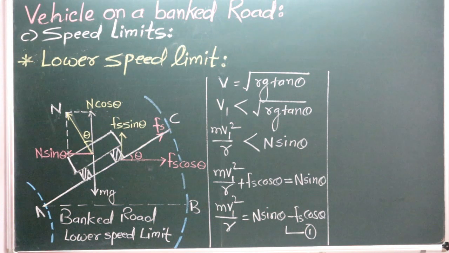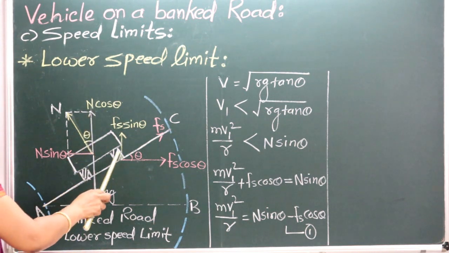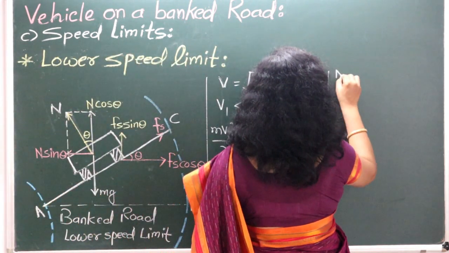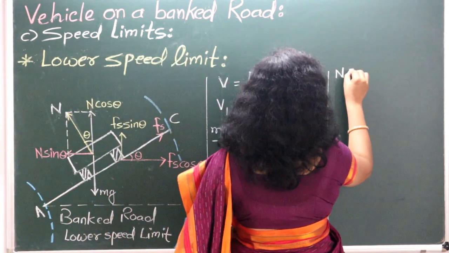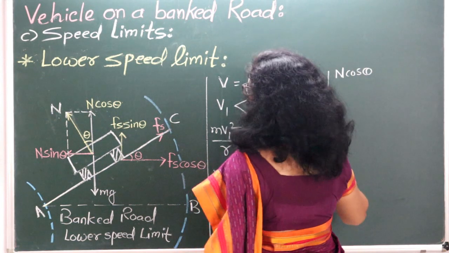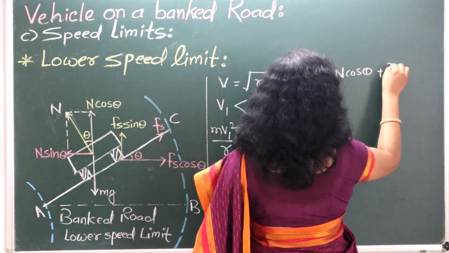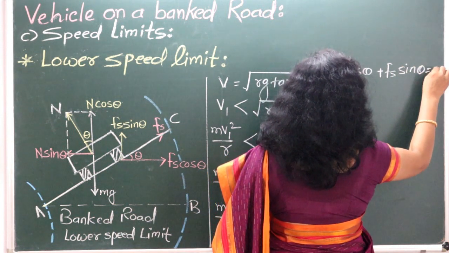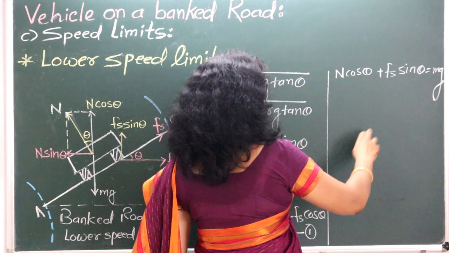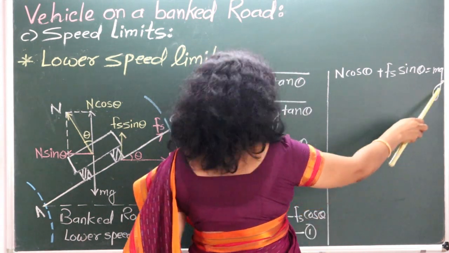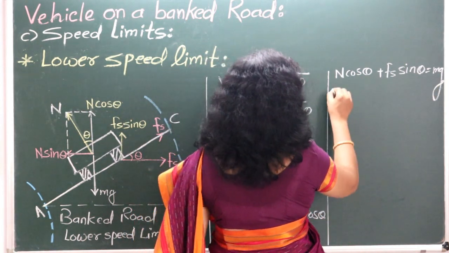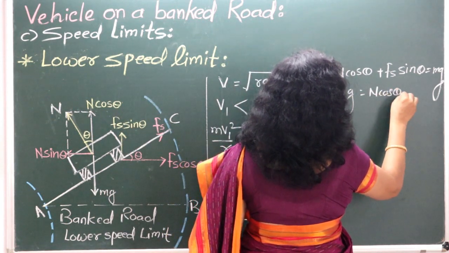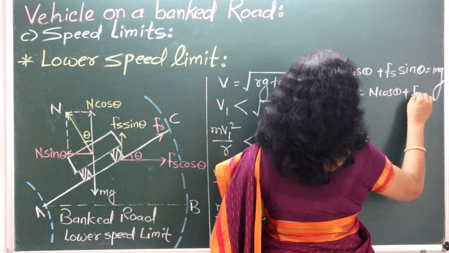And now we write equation number second: n cos theta plus Fs sin theta equals mg. Now write this mg towards the left side. We can also write mg equals n cos theta plus Fs sin theta.